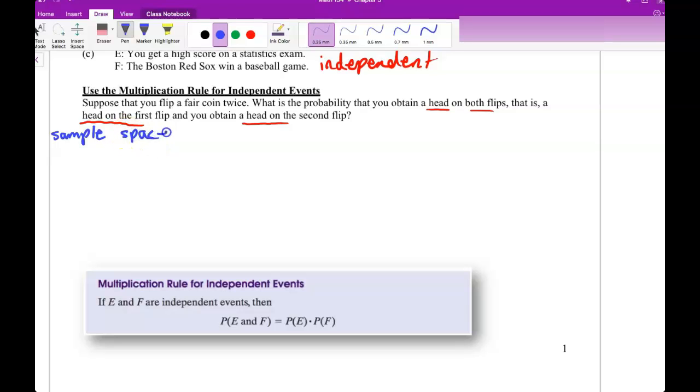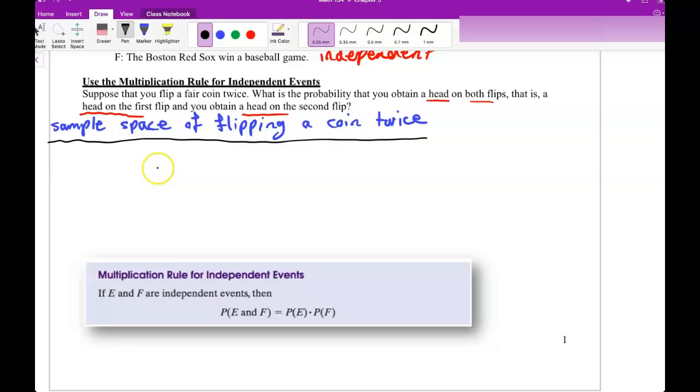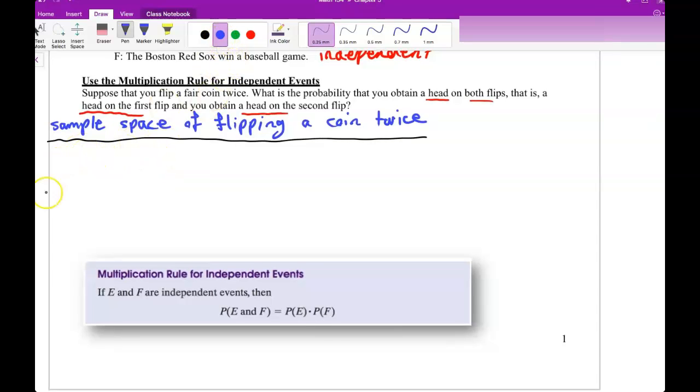So here is the sample space. Okay, so this was a sample space of flipping a coin twice. On the first try, let's say I had head. Second try, I had head.